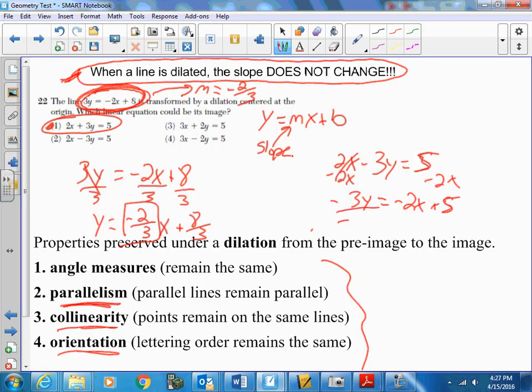Then we divide by -3, by everything. And we end up with y is equal to, now you have a negative and a negative right here, so that makes that positive 2/3 x. And then we have a positive and a negative, so it's really going to be -5/3. And that is definitely not the same slope because one is positive and one is negative. So I'm not going to do the other two, but we know our answer is number 1 because it has the same slope.